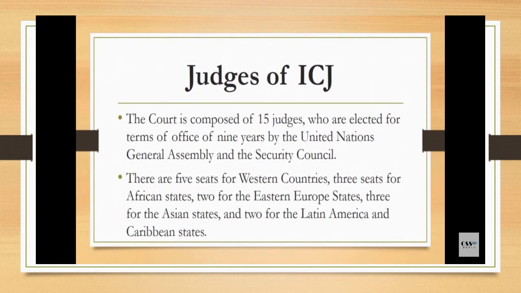There are 5 seats for Western countries, 3 seats for African states, 2 for the Eastern European states, 3 for the Asian states, and 2 for the Latin America and the Caribbean states. So this is basically the division on the basis of which the seats in the International Court of Justice are divided between all the member states, so no member state can feel that they have no representation.